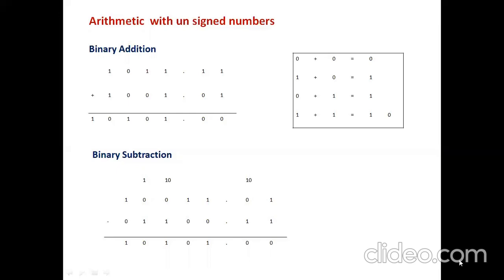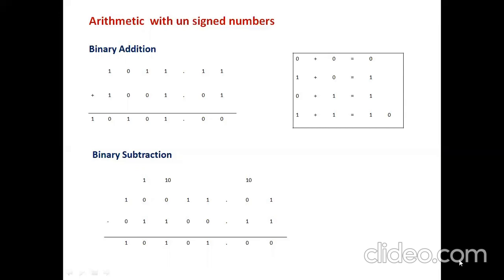Again 1 is carry, and for the three ones, 1 plus 1 plus 1 is equal to 11. And if you add 1 again after the point, before the point, 1 plus 1, so we have 0, and when you add 1 again it becomes 1, and 1 plus 1 will become 10. That is what regarding the binary addition.